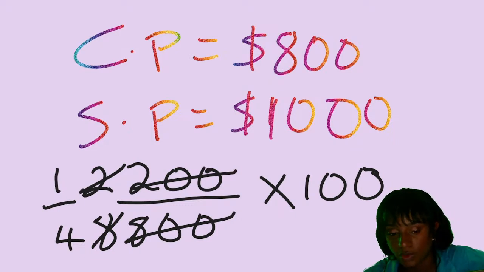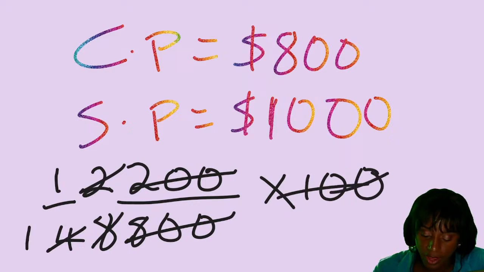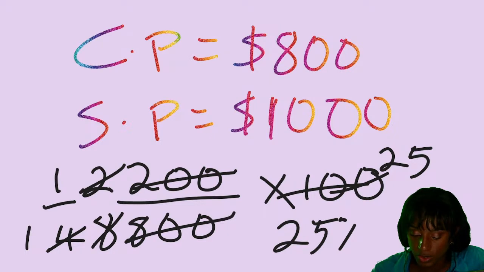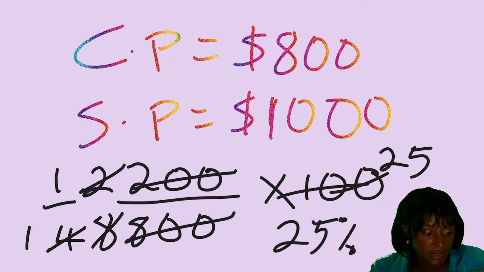I tell you to give me 1/4 of that. Excellent, Stephen. 25. Because 4 into 4 goes once and 4 into 100 goes 25 times. So that would be 25%. Excellent.